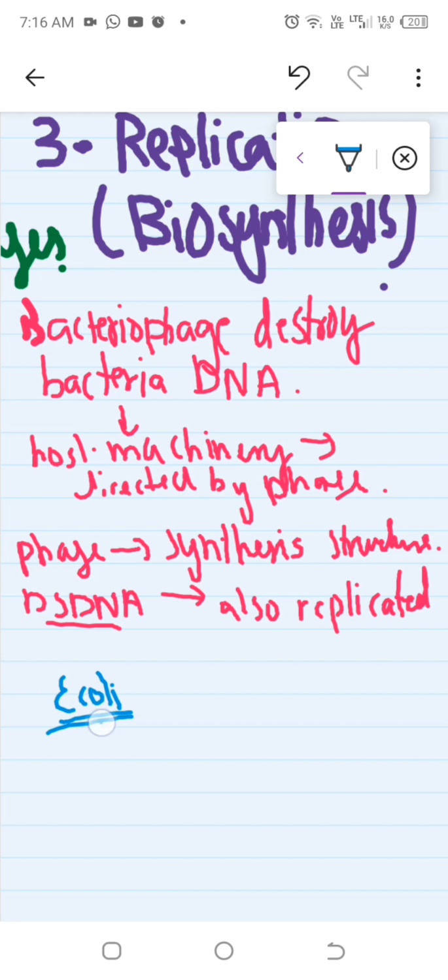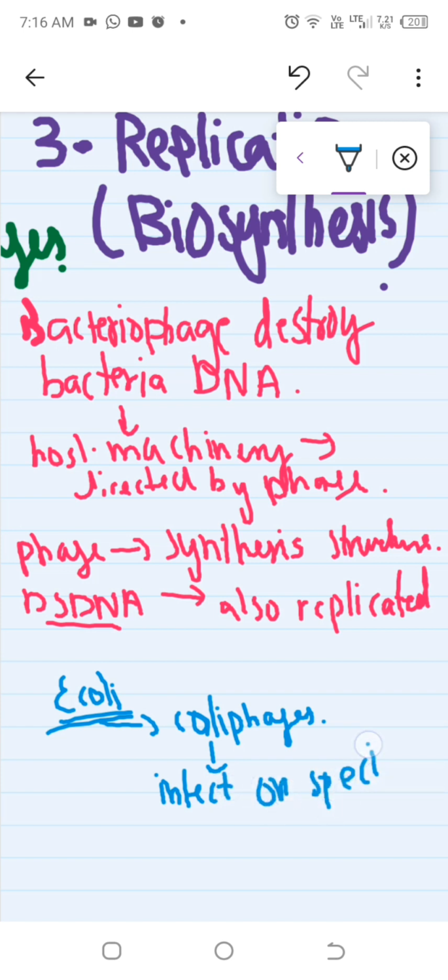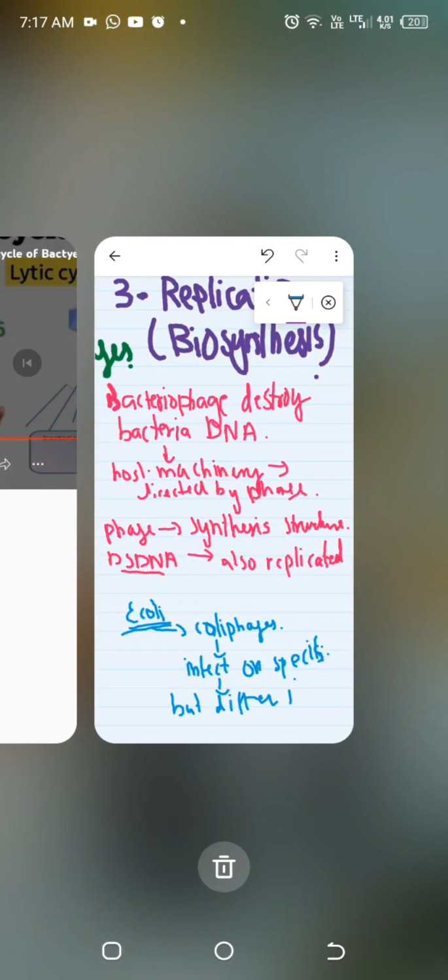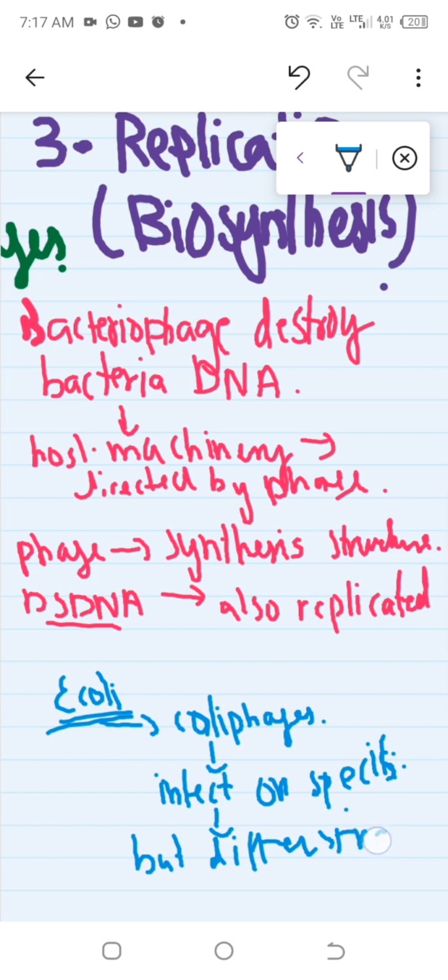So E. coli has coliphages, and these infect only a single species, they are specific to the species, but they can infect several different strains. Strains are basically the several parts, so those strains can be infected, but it will infect only a single species of bacteria.